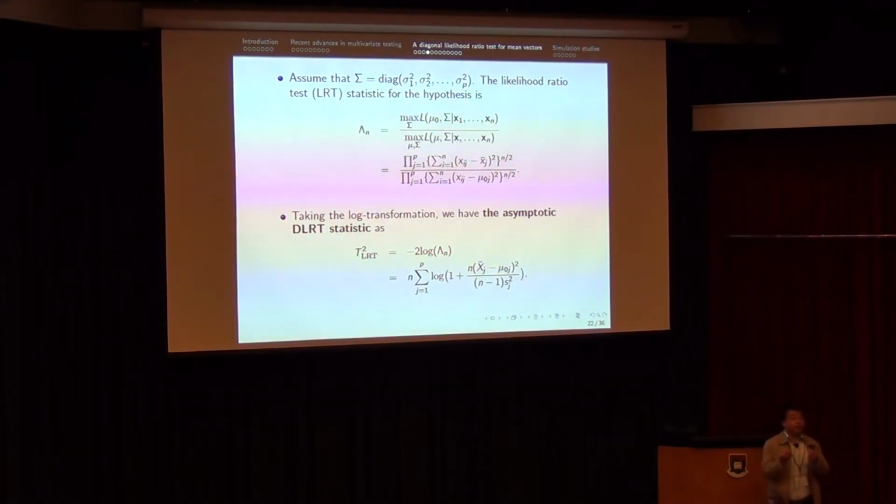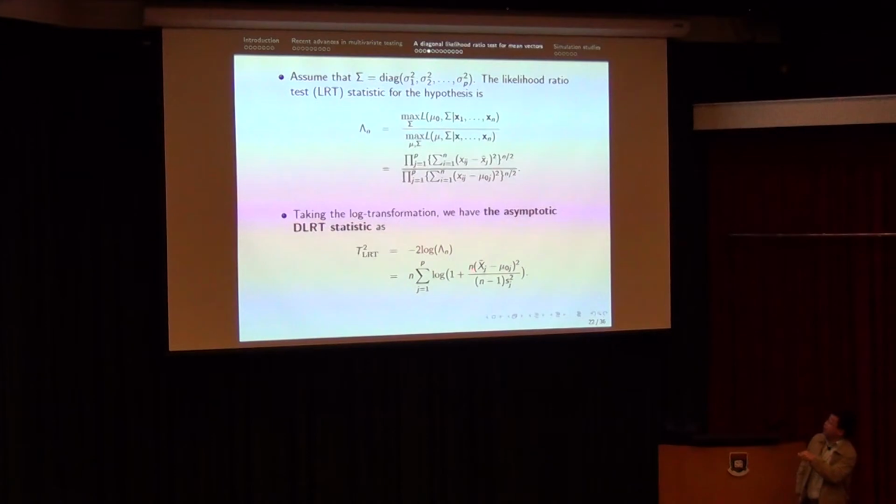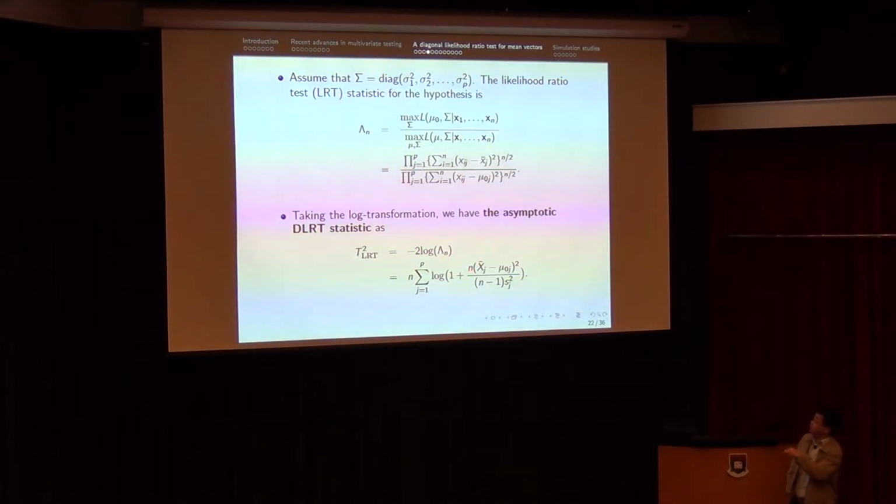But if we apply the very classical approach, we know the likelihood ratio test has many nice properties. If we look into this, up to a certain scale n divided by n minus 1, and if we look into the second part, if we take the summation for this part, this is something called the diagonal Hotelling test. But now, with the likelihood ratio version, we are in the scale of log of 1 plus something.